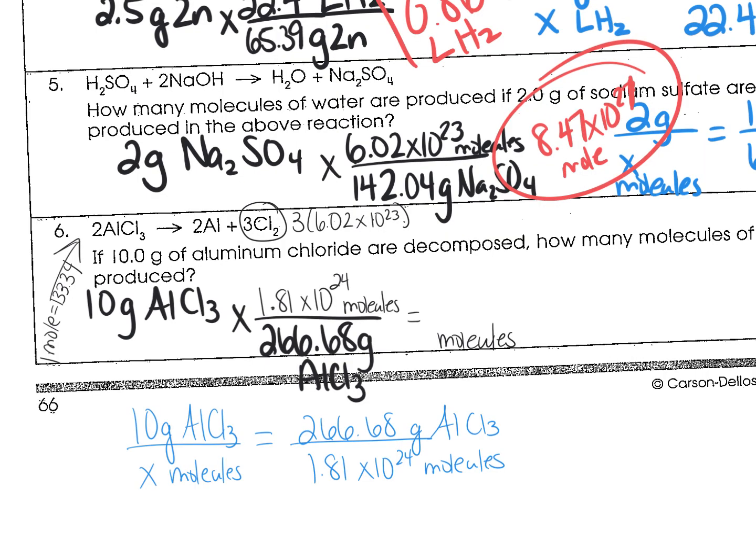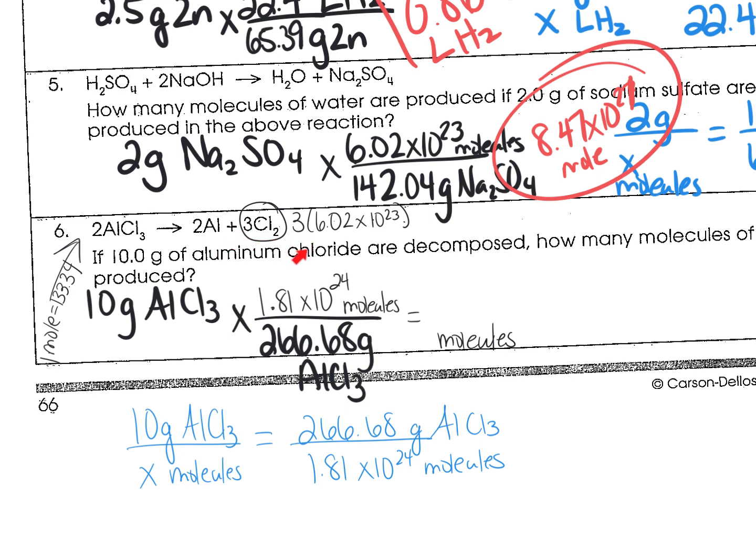All right, and the last problem, I'm given 10 grams of aluminum chloride. The balanced equation says 2 moles of aluminum chloride. Well, 1 mole weighs 133.34. Multiply that by 2, that means the balanced equation needs 266.68 grams of aluminum chloride. Aluminum chloride cancels out. I want to find out how many molecules. Well, the balanced equation says 3 moles of chlorine.